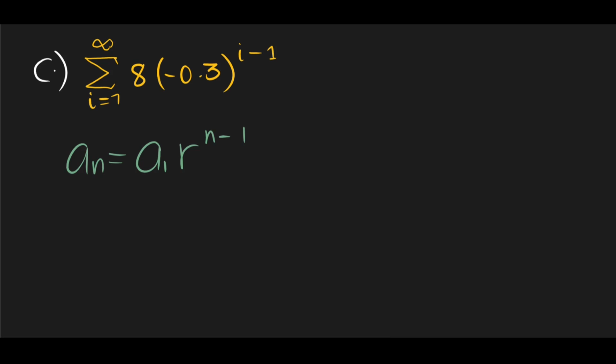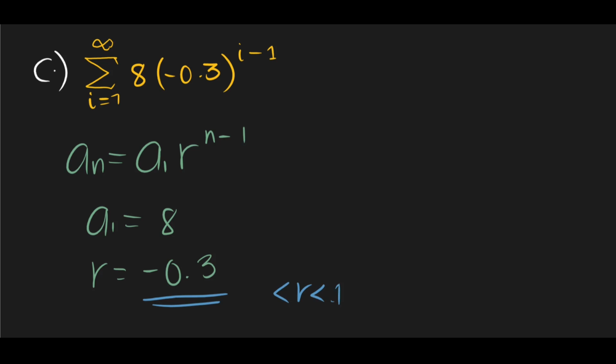Based on this format, we can see that our A1 is equal to 8 and our R is equal to -0.3. We can then substitute this into our formula. Since our R here falls in the range R is less than 1 and greater than -1, we have a finite sum here.